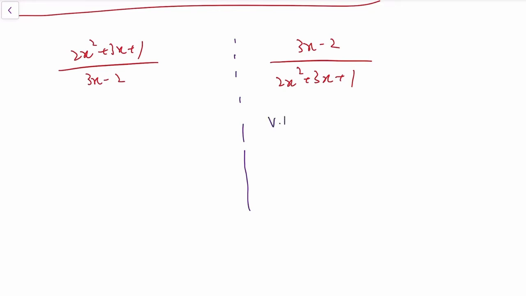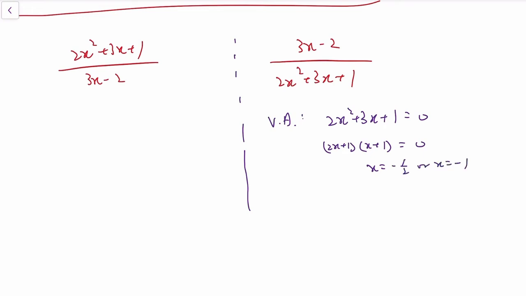For vertical asymptote, the method is the same. You make the denominator equal to 0, and then you just solve for x. Right, it's a quadratic, so you would probably factor them. Alright, so x is negative 1 over 2, or x is minus 1.